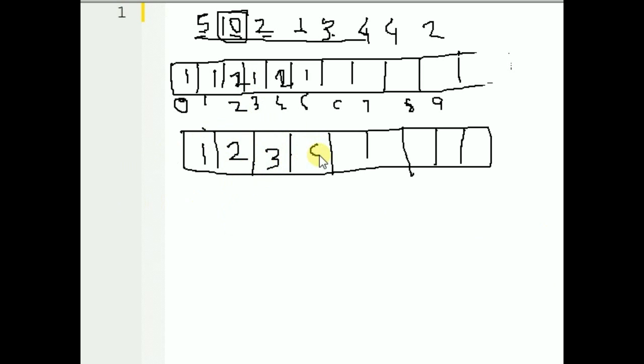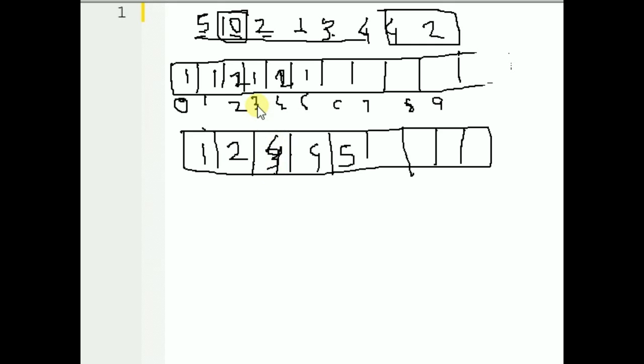Similarly 4 here, then 5 here. There are 5 numbers which are less than or equal to 5, but suppose we consider these 2 additional elements, then 4, then there are 2 numbers in 4 and 2 numbers in 2. Then the number of elements less than or equal to 2 becomes 2, 3, 4, so it would be 4 here.